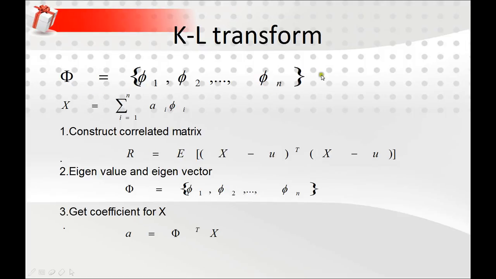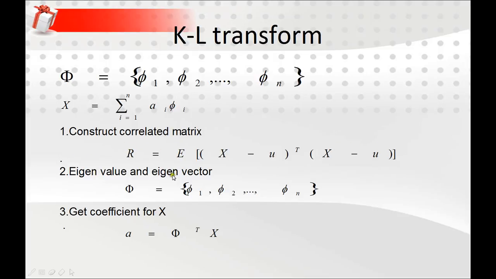To find this space, we need to construct the correlation matrix. We use this as our matrix. This is like an average face, and this is our picture. We can establish this equation and solve it.